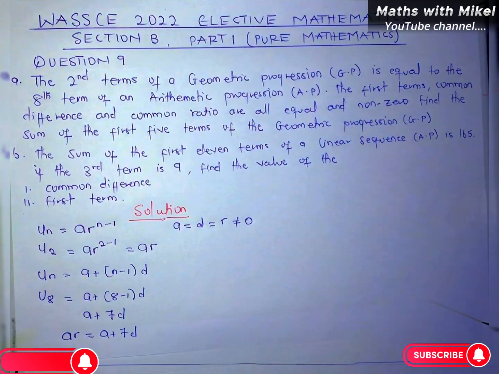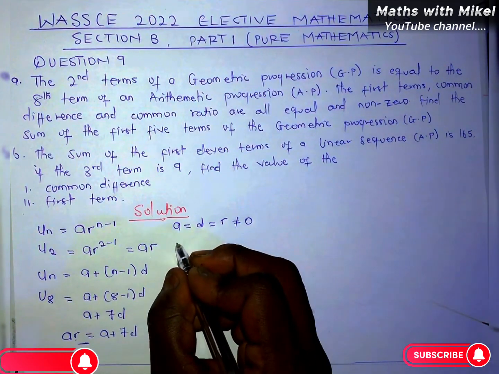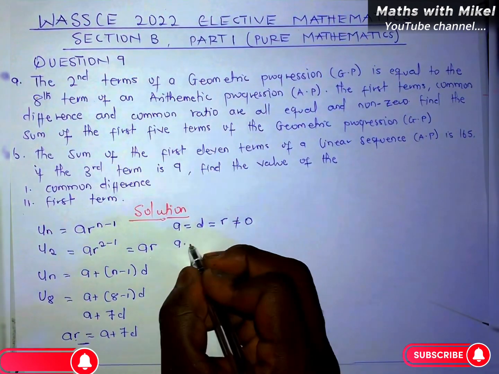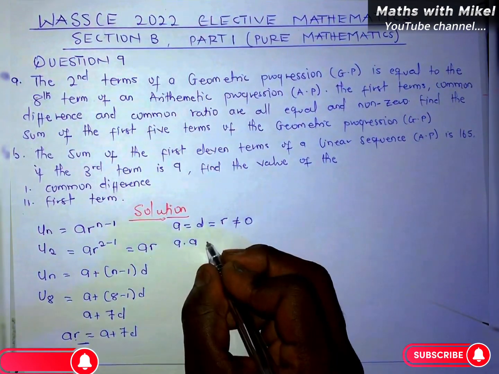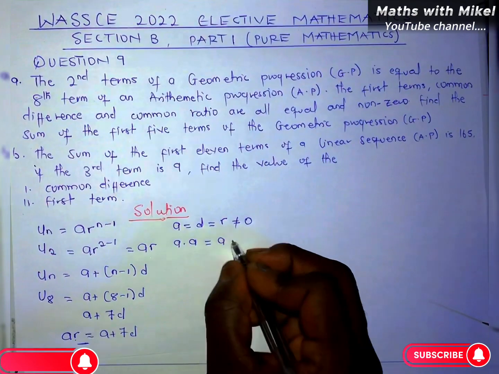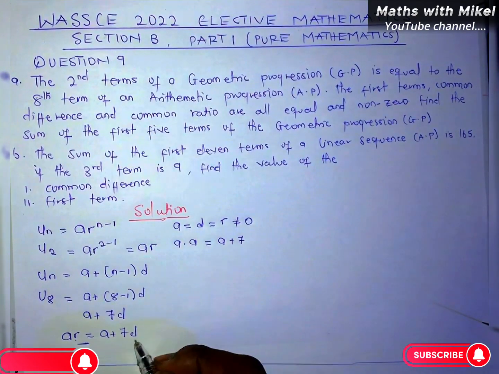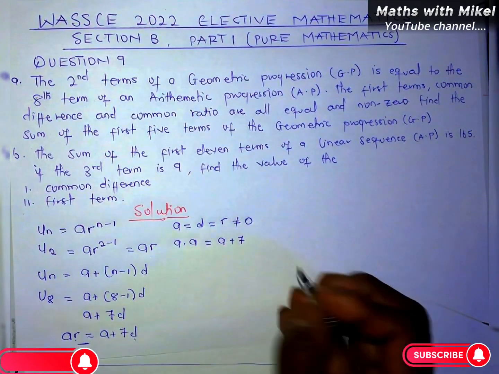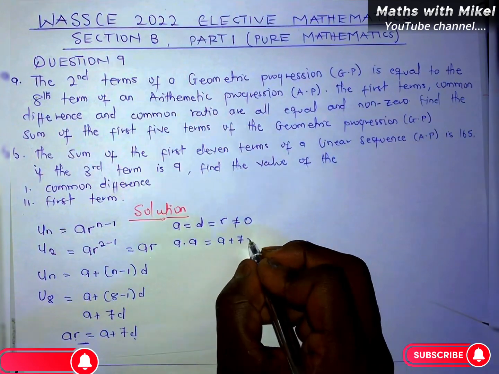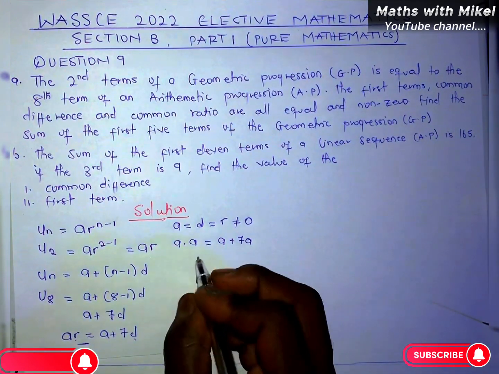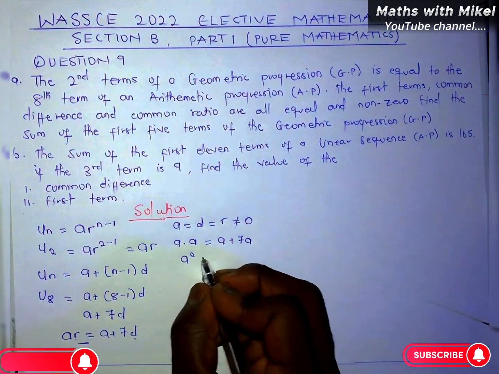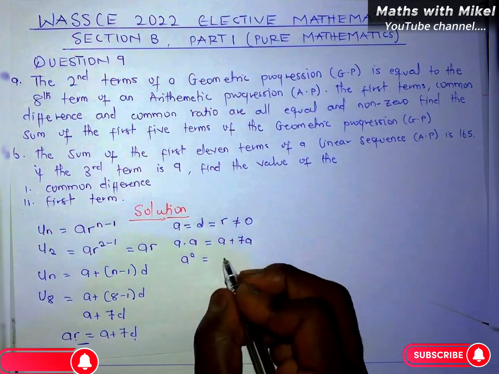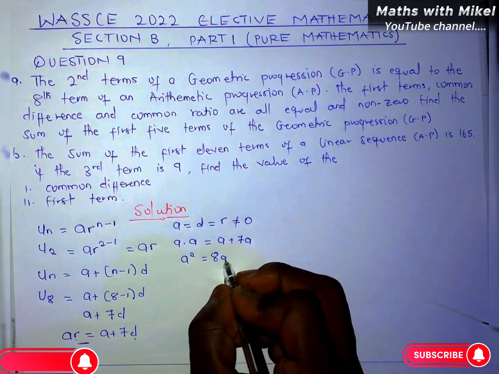So if we come back to the expression we have here, in place of the common ratio here, we can substitute a, and we are going to get a multiplying a is equal to a plus 7. Now, common difference is still equal to the first term, so that can also be a. We are going to get a squared is equal to a plus 7a, which is 8a.